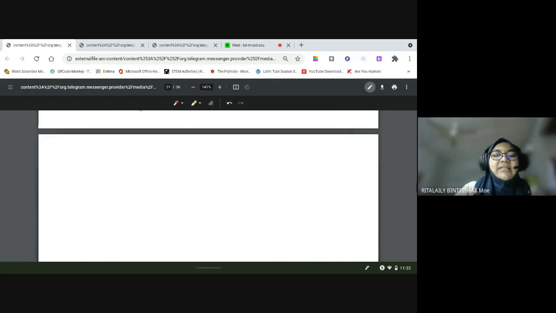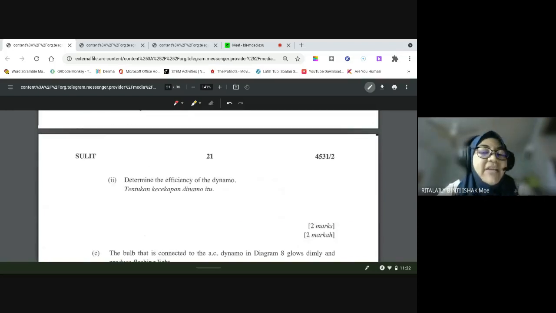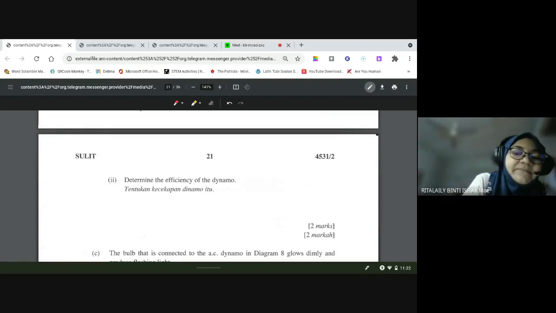Next, efficiency of the dynamo. How do we calculate efficiency? Okay, PO divided by PI times 100. Which one is correct?